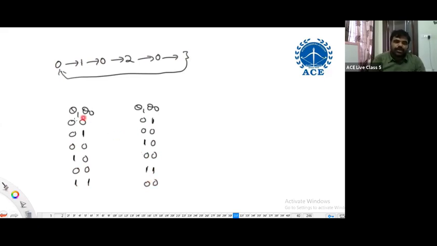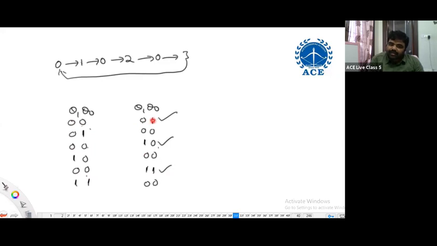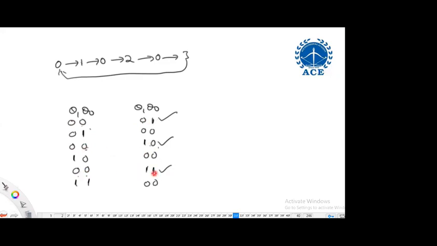But if you are observing, 0, 0 has next state 0, 1, 0, 0 has next state 1, 0, 0, 0 has next state 1, 1. Which one should I use? All are correct, because first time 0, 1, next time 1, 0, next time 1, 1. But which one is correct?